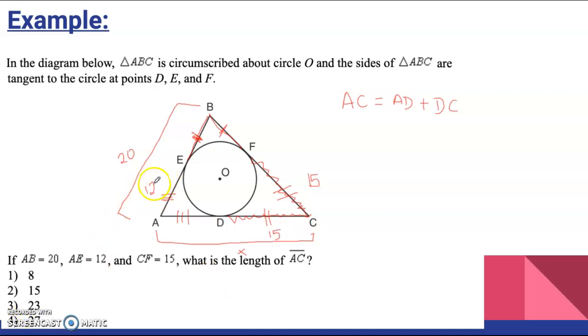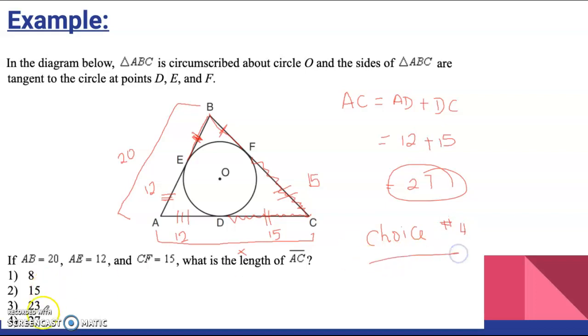If this is 12, it makes this 12 because these are two tangents. So now when you're looking for AC, it would be 12 plus 15, which is equal to 27. Final answer, choice number 4, 27 down in the bottom here.